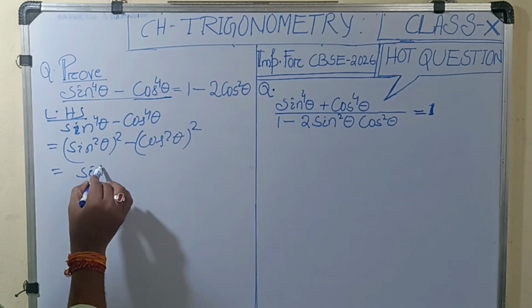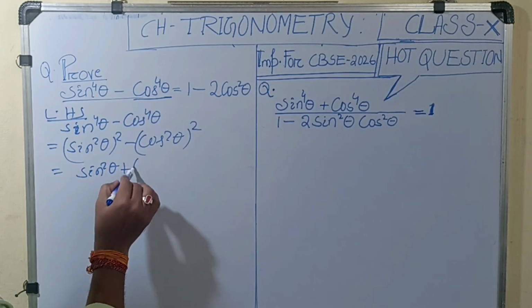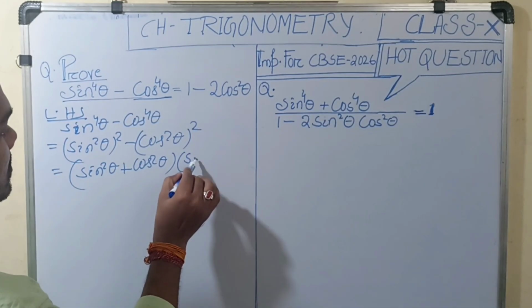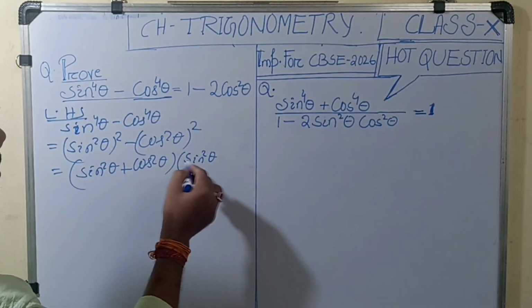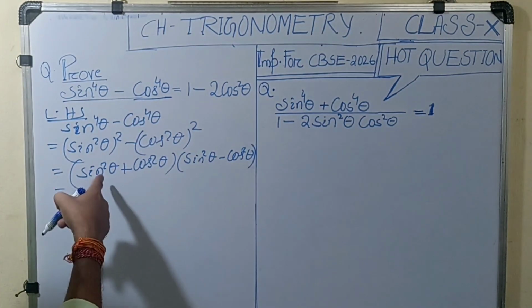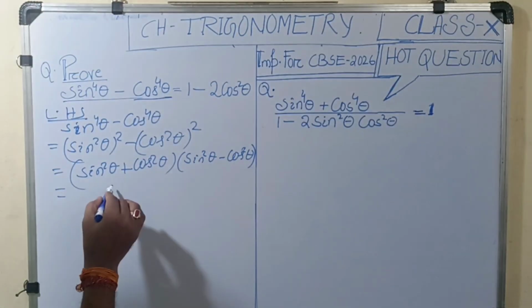So (sin square theta plus cos square theta) into (sin square theta minus cos square theta). And sin square theta plus cos square theta is equal to 1, students, you know.